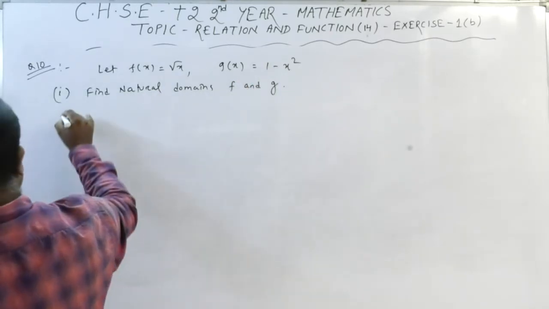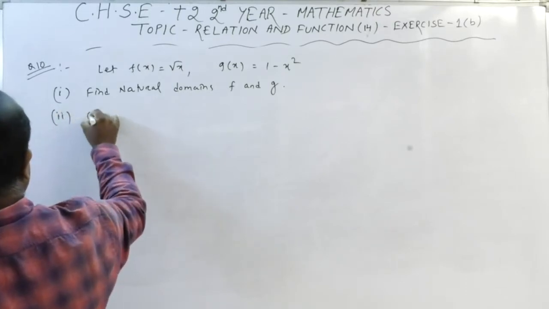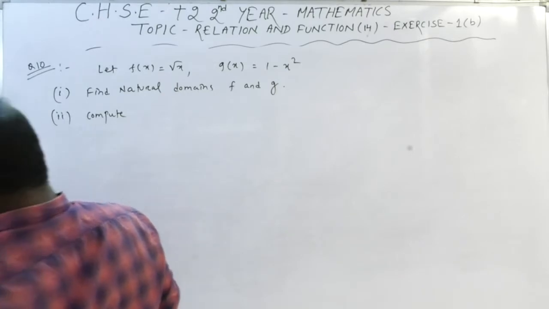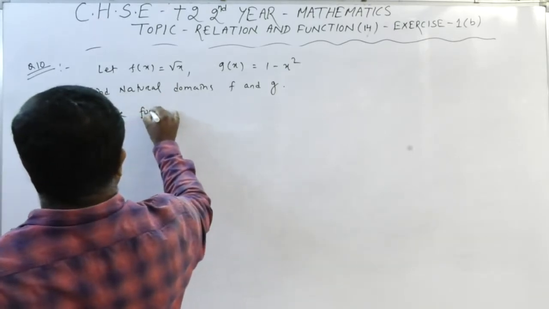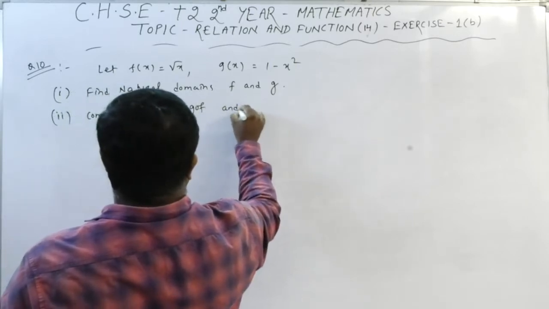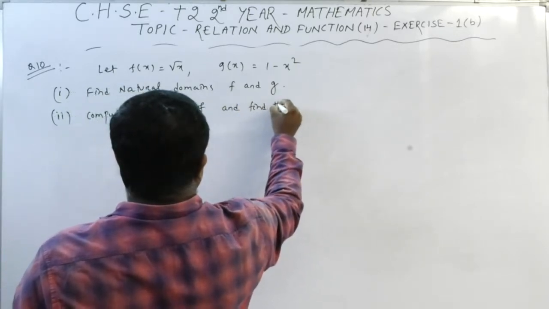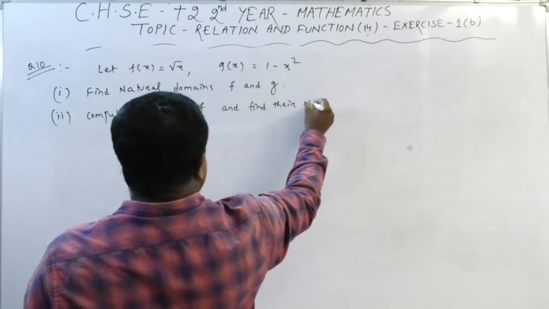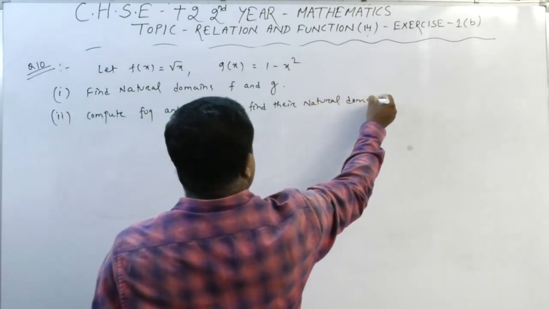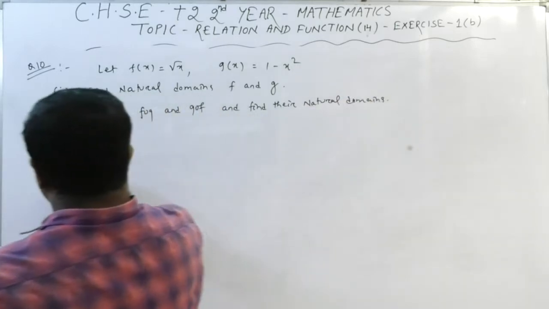And next we have to compute f∘g and g∘f and find their natural domains. That is another part. So it is concerned with composition.